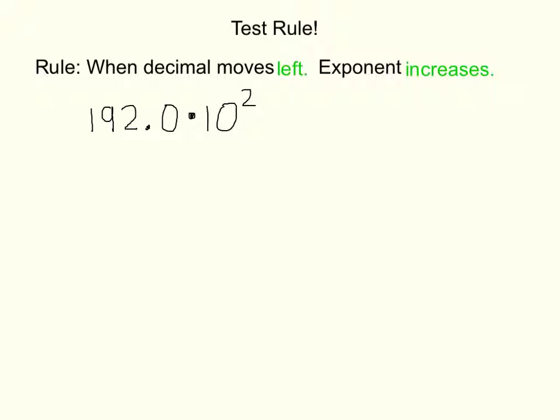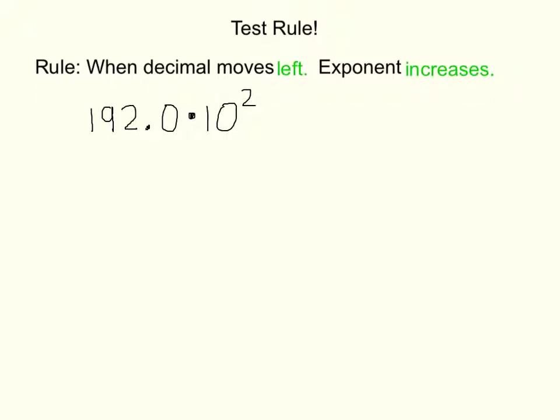Based on our observations on our previous problem, we made up this rule. When the decimal moves left, we increase the exponent, and also the exponent is increased by the number of times we move the decimal. So let's prove that rule with this example.